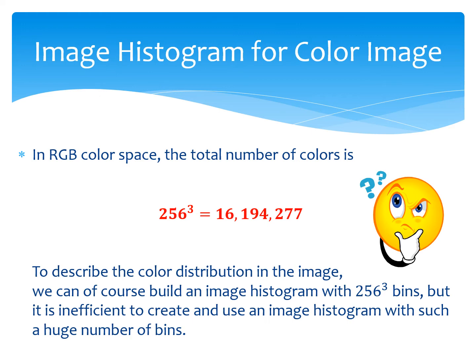We can, of course, build an image histogram with 256 to the power of 3 bins. However, this approach is inefficient, because creating and handling an image histogram with such a huge number of bins is a time-consuming process.